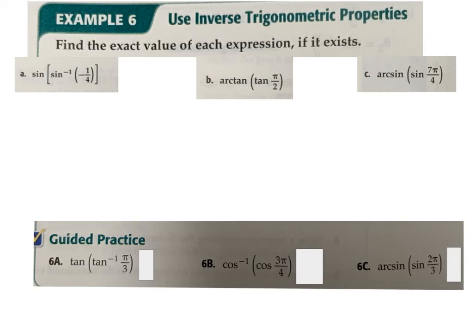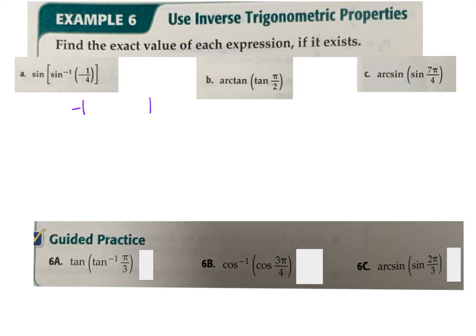All right? So the first one that they give us is the sine of the inverse sine of negative 1/4. The first thing we're going to check is, can I take the inverse sine of negative 1/4? Does it fall in my range? So remember, my range of sine goes from negative 1 to positive 1.